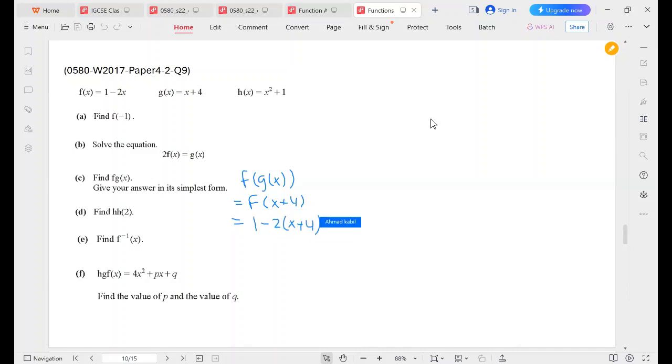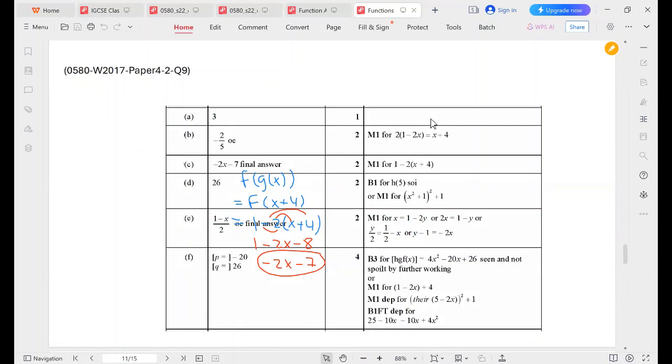We need to expand, so 1 and then negative 2 times x gives us negative 2x. Negative 2 times 4 gives us minus 8. So therefore, we have negative 2x minus 7 as the correct final answer here. And this is the correct answer to C.